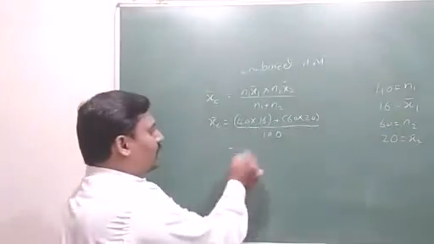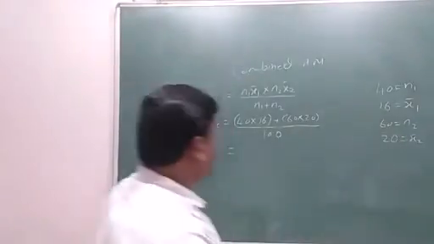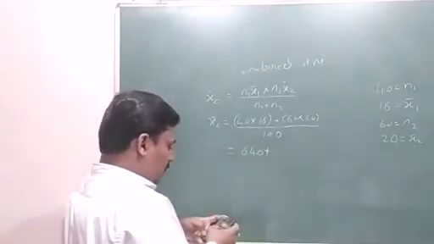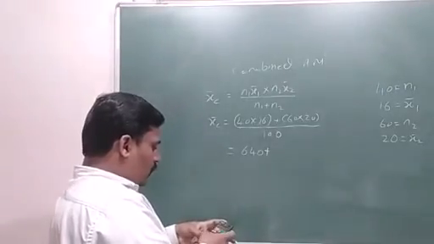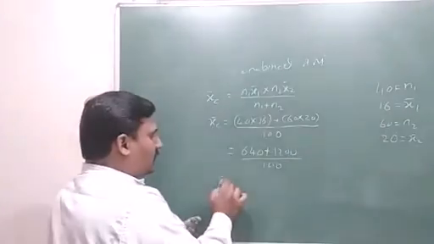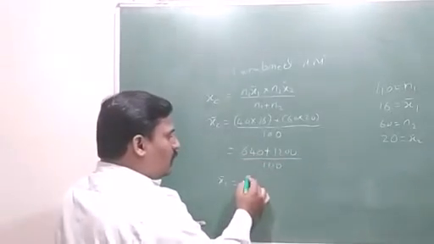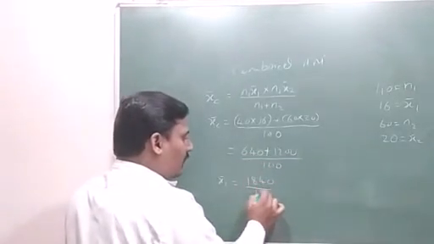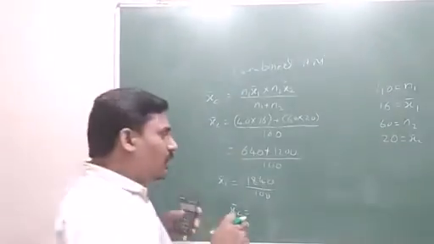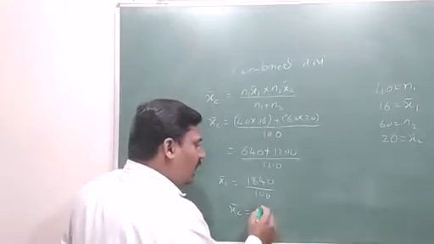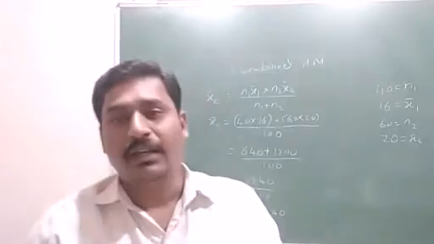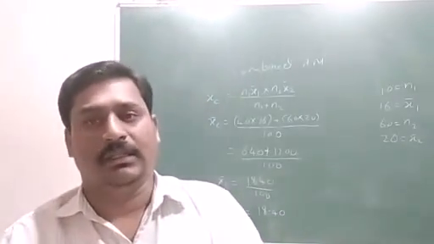Now 40 into 16 is 640, plus 60 into 20 is 1200, divided by 100. So x bar c is equal to 640 plus 1200, which is 1840, divided by 100. So the combined arithmetic mean, that is the average age of the entire group of 100 students, is 18.4 years.